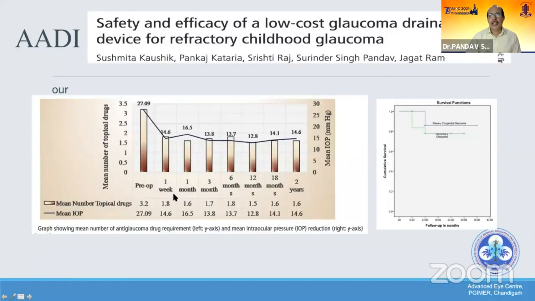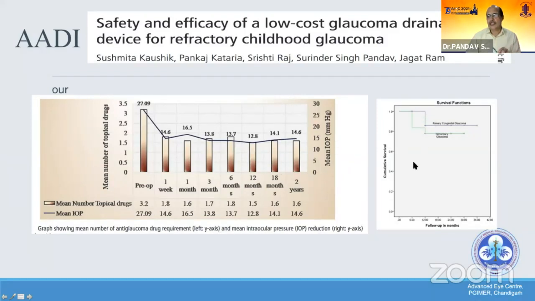And this is our own data on ADI in children with refractory glaucoma, not necessarily primary congenital glaucoma, but the pediatric age group, where we have used the Aravind aqueous drainage implant. You can see the IOP drops significantly from preoperative, with a sustained decrease in IOP for up to 2 years of follow-up that we had.